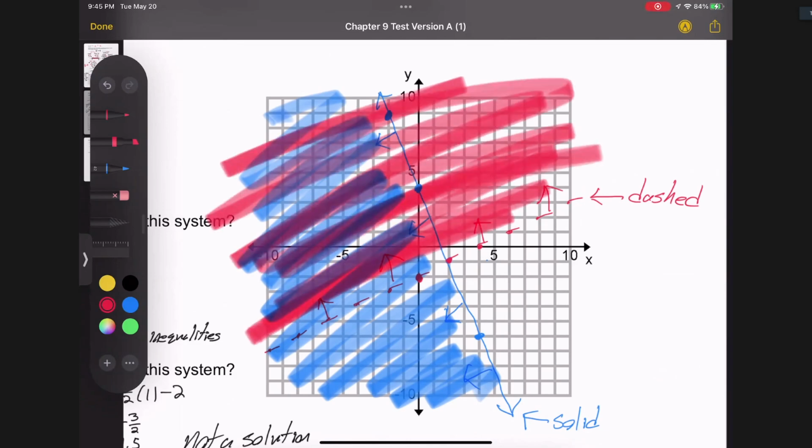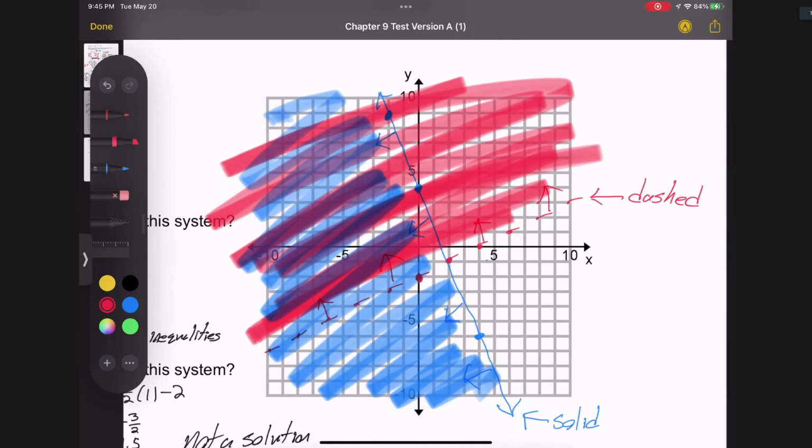Now, if you're one of these students that did this, this is a technicality. You only shade in the solution. So you do not shade in anything else. When you ask what is a solution for a system of linear inequalities, it is only going to be the solution that overlaps.